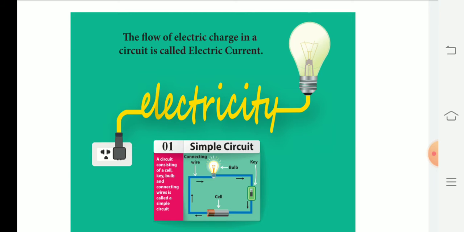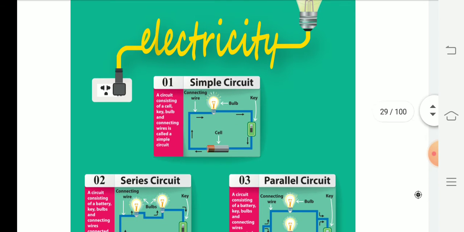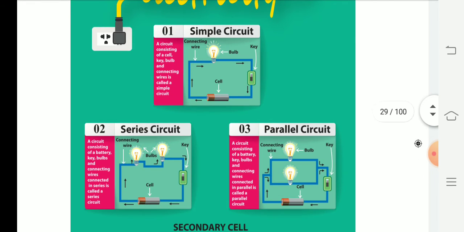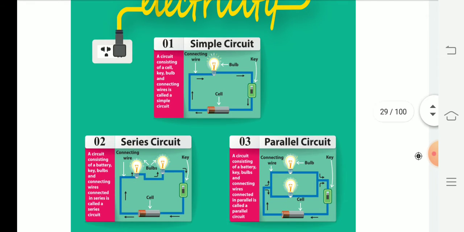Okay. Next, electricity. These are the three circuits: a simple, a series and a parallel circuit. See the first one, the simple circuit. A circuit consisting of a cell, key, bulb and connecting wires is called a simple circuit.